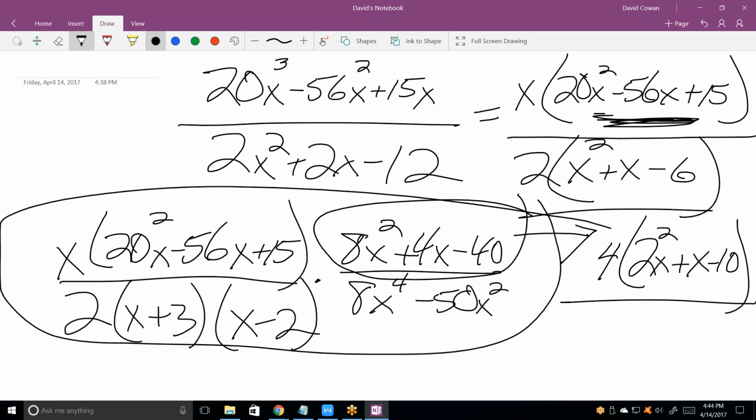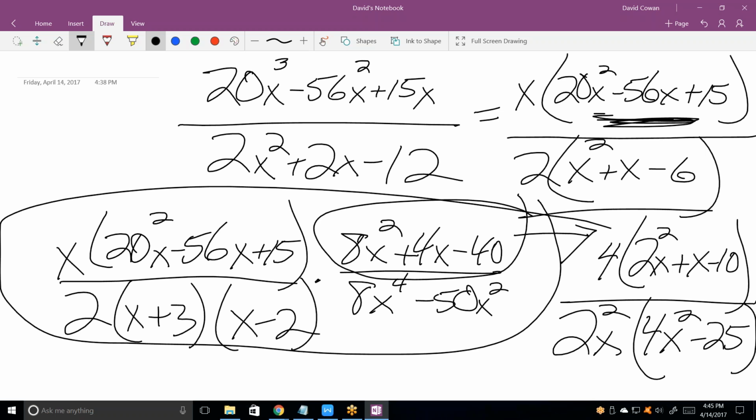How about the bottom? Take a greatest common factor out of that. Oh, the bottom, just kidding. 2x squared. Yeah, 2x squared. That's going to leave 4x squared minus 25, which is a difference of perfect squares.